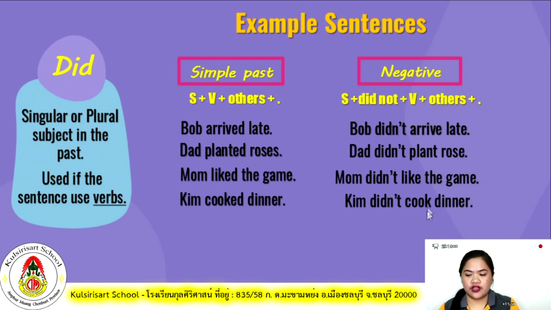Now, can you still remember what is the formula in making negative statements? Subject did not or didn't plus verb plus others.